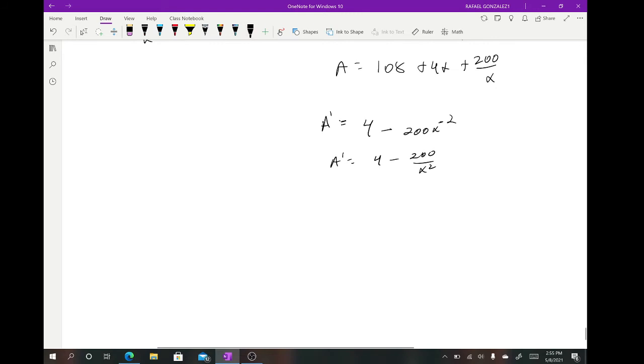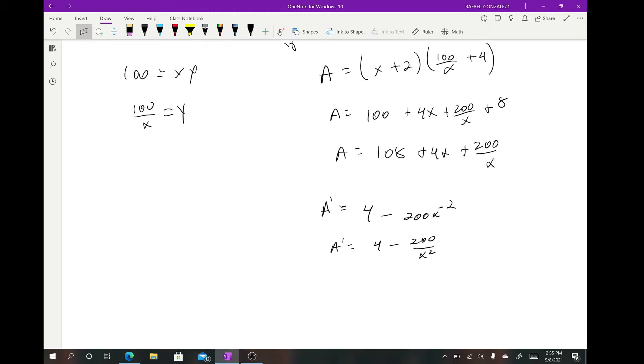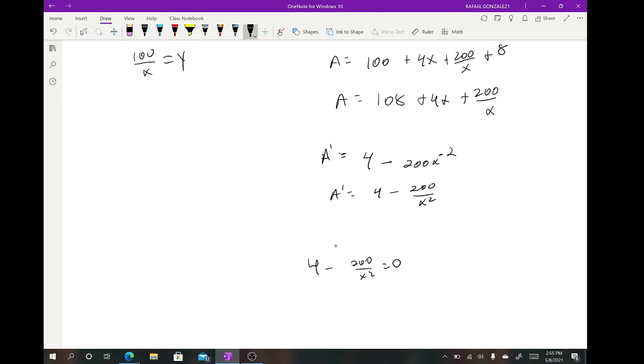Now, to find out what dimensions of the poster will have the largest printed area, we have to find the critical values of this. So to find the critical values, we do 4 minus 200 over x squared is equal to 0. We solve for when the derivative is equal to 0.